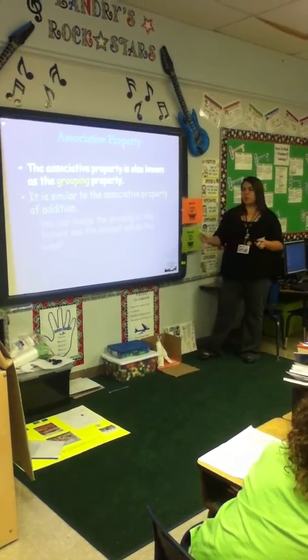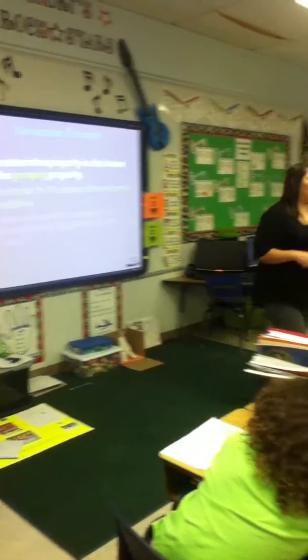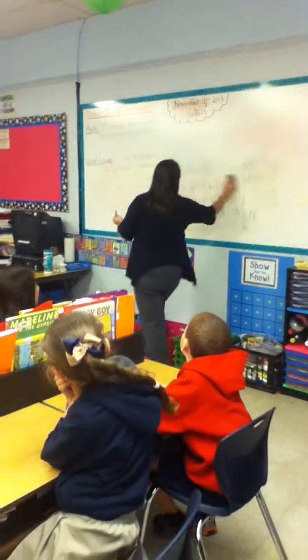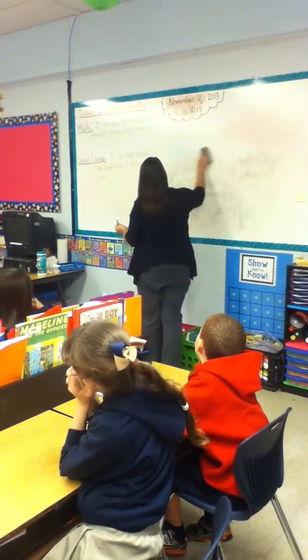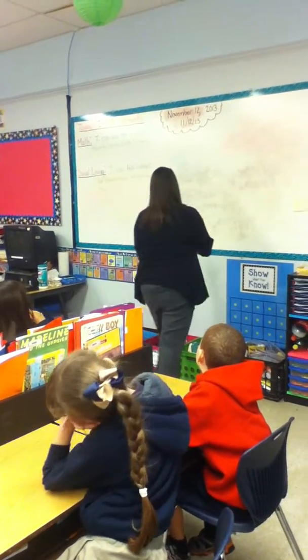You can change the grouping of factors and the product will be the same. So when you were in 2nd grade and you had to solve an addition problem using 3 addends, how would you solve it?